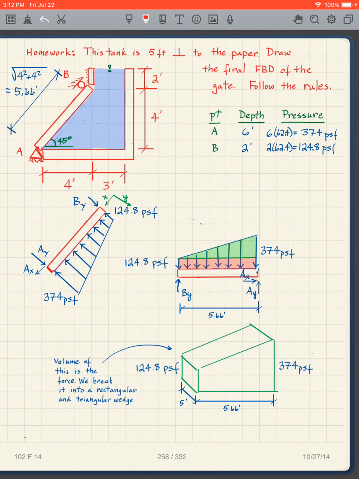And so if I draw this in 3 dimensions, I get that, where this distance is 5 feet. And what do I know? The volume of this gives me the total force.